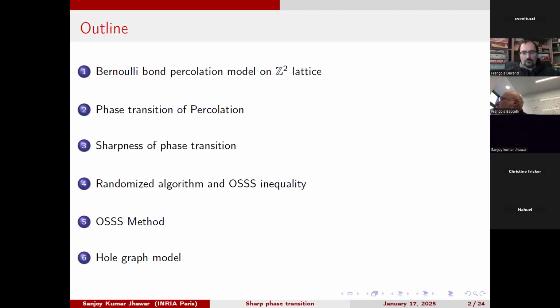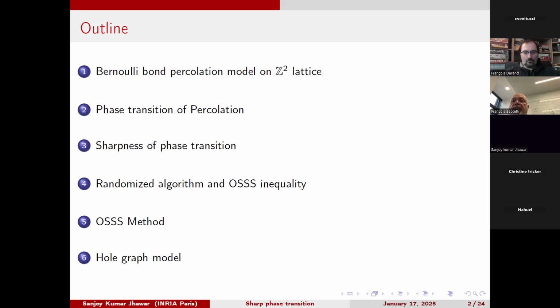To begin with, I'll start with a very simple example of the Bernoulli bond percolation model on the Z2 lattice, and I'll define what we mean by phase transition of percolation in this type of bond percolation model. Then later go to surface transition, and derive an algorithm and an inequality that we call the OSSS inequality, which is a variance inequality.